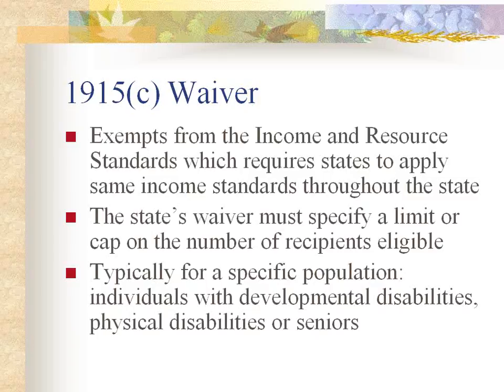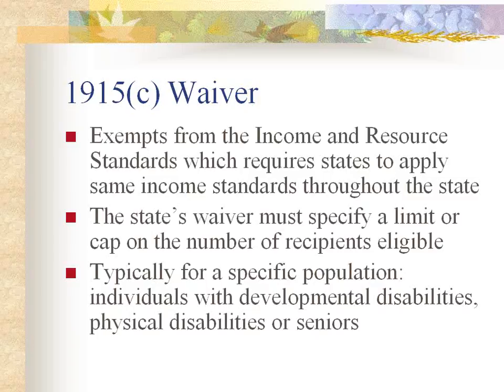The state's waiver for this particular kind of waiver, the state has to specify a limit or cap on the number of recipients who are eligible. And let me tell you what the cap is for this year. For waiver year 09 and 10, the cap was 90,000 people. For 10, 11, 12 waiver year, the cap is 95,000 people.